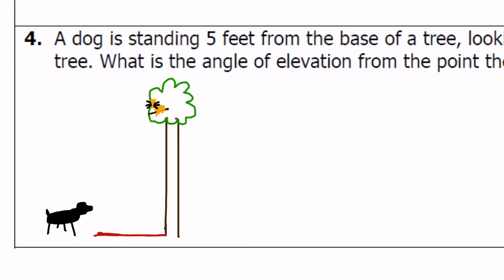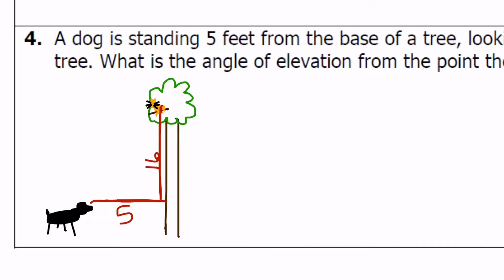He's standing 5 feet away from the base of a tree. He's looking up at a cat that's climbed 16 feet up the tree. So here's my cat. And the cat has managed to climb 16 feet up the tree.